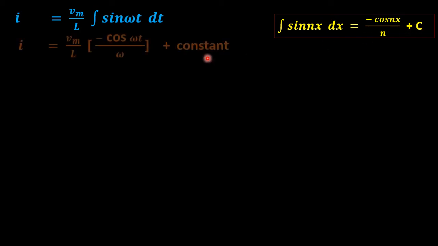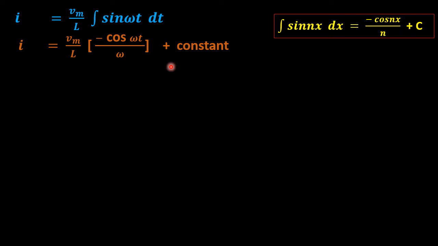After using the formula, the expression for I will be Vm by L within brackets, minus cos omega t by omega plus constant. Now this constant term will have the dimension of current. It is just like a current, but it is independent of time. The expression for I should contain terms which are dependent on time, like the cos term here.